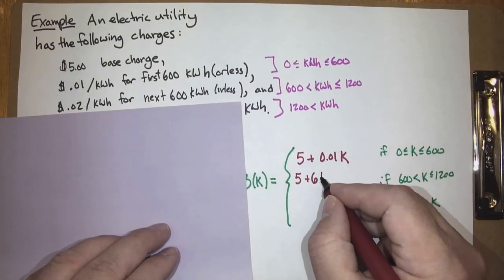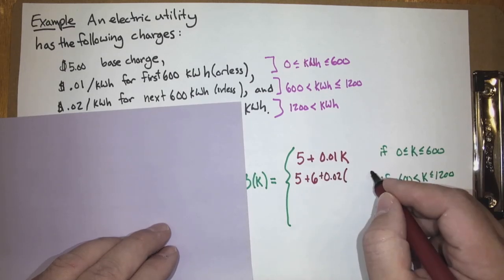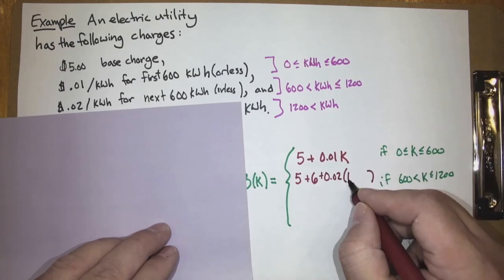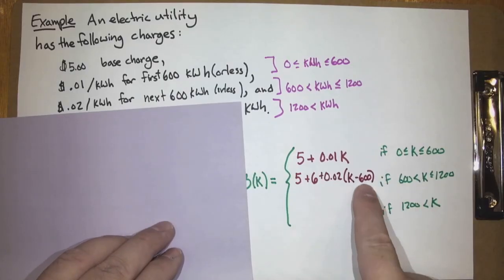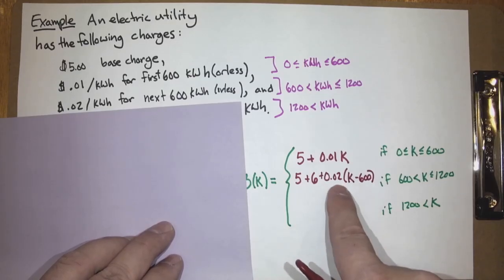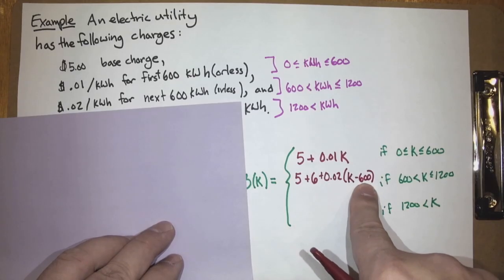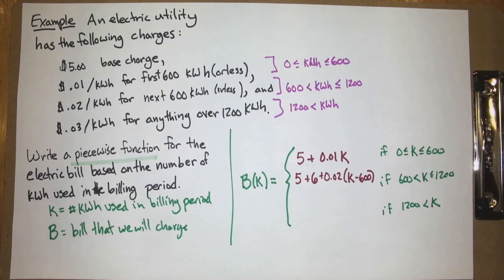Well, we know it costs us 2 cents, but we're going to multiply by K minus 600, because we've already paid for 600 of them right here. So we're not going to be charged twice. We just have to pay a higher rate for all the ones over 600. Does that make sense?